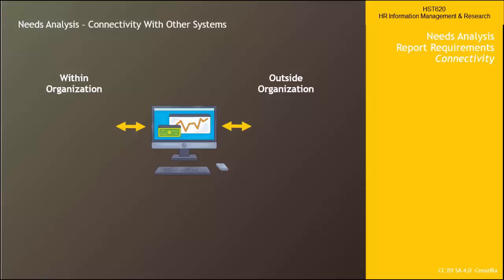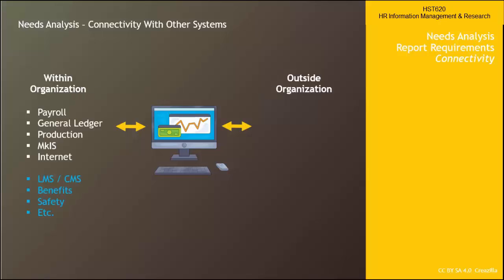And think of it from the perspective of groups within the organization, even your own department, and outside of the organization. I'll give you a list, okay? First of all, within the organization, think about it. You are sharing data with payroll. Payroll might not even be part of HR. They might be part of finance in another office.